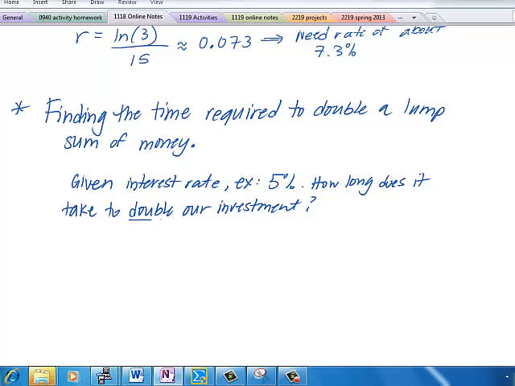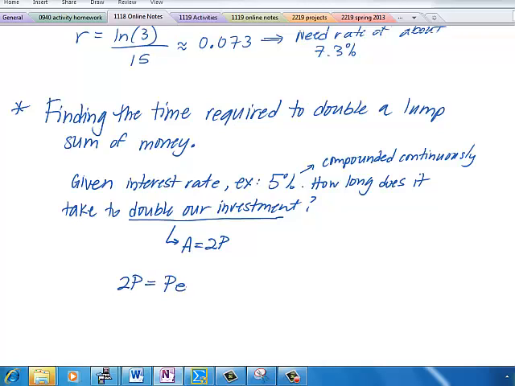And again, double our investment, that language would say then the account balance is 2 times the initial investment. And let's say we're compounded continuously. So we would set up the account balance 2P equals the principal times e to the 0.05 times t.